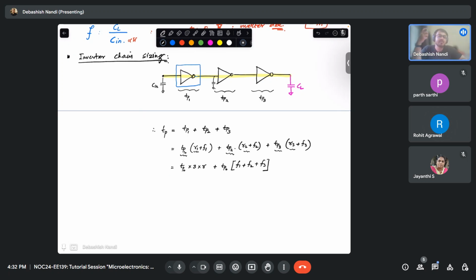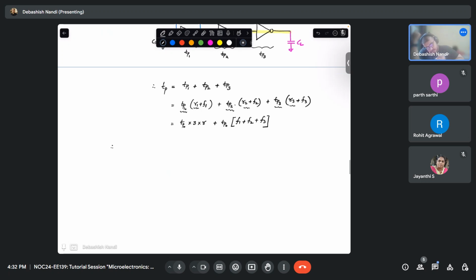Now, sir, I need to minimize this, right? Our end goal is delay minimization. Now if I write it in general form, this will be TP0 times n gamma, where I have n stages. Then I will have TP0 times F1, F2, let's say Fn.